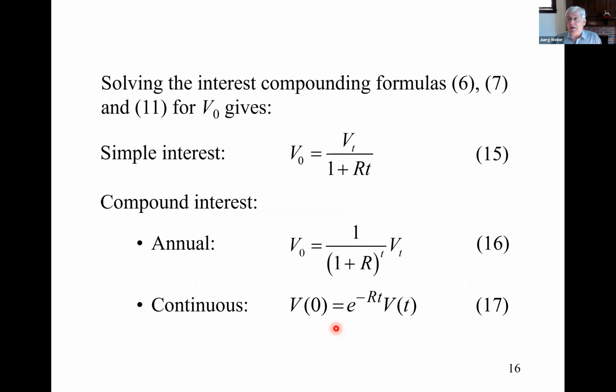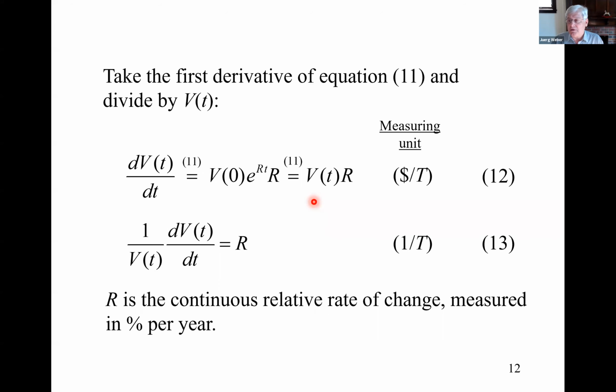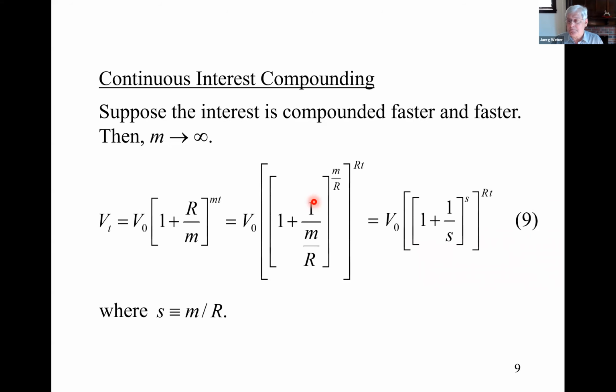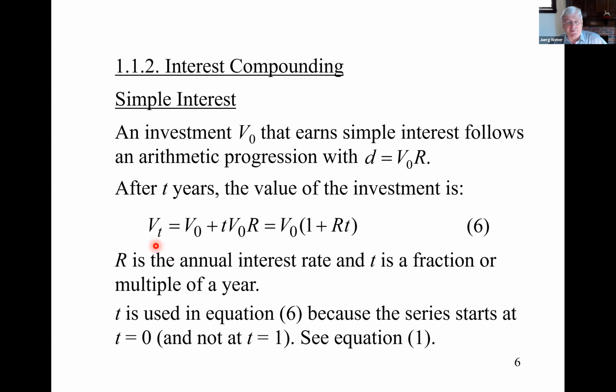Now you also call this discounting. And it's very easily done. Just use the formulas from before, formulas 6, 7, and 11, and solve them for V0. So equation 6 gave you the future value when the value today, the present value, is given.